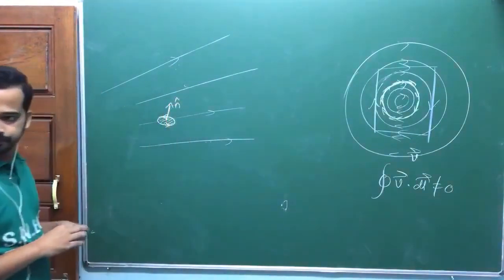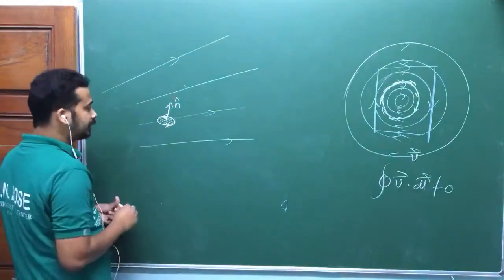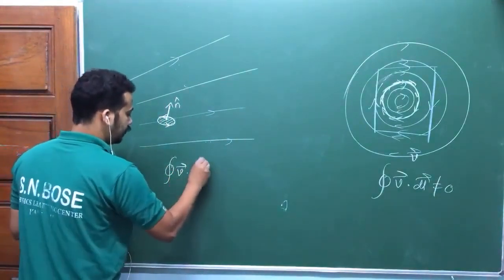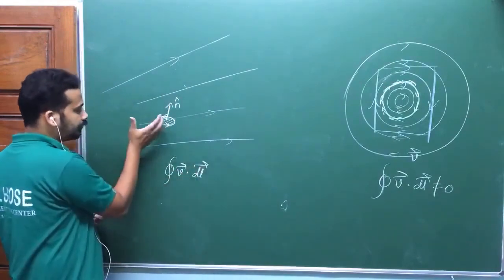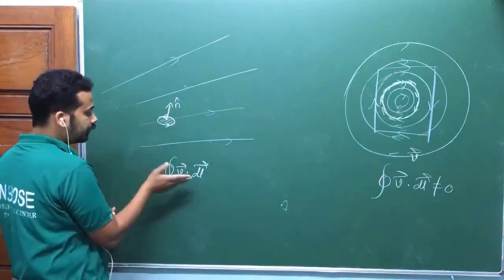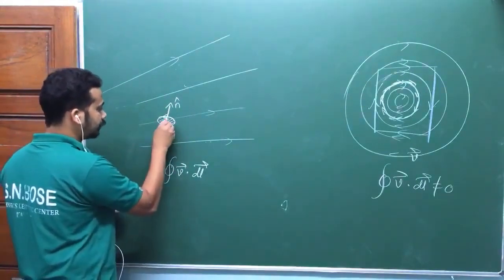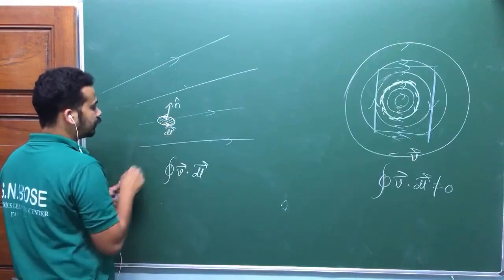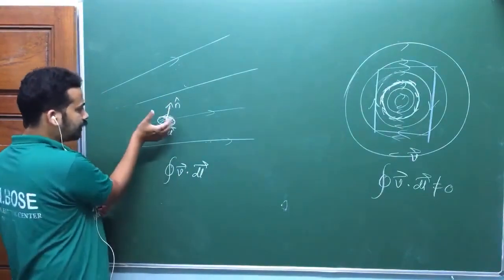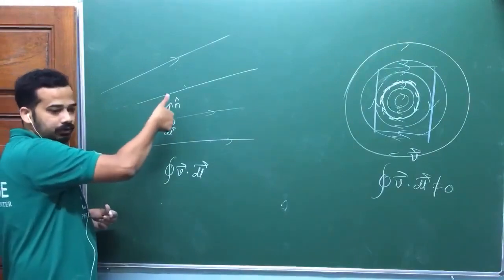If my line integral of a vector field is running like this, these are the dl vectors, am I right? If my dl vectors are running like this, then my thumb will represent the direction of the area vector.